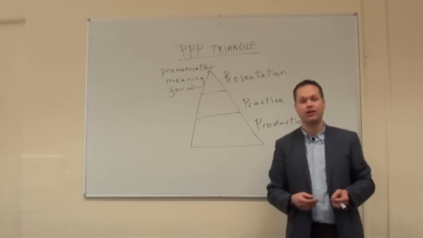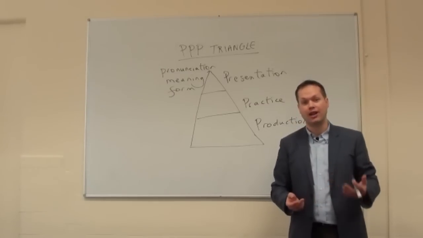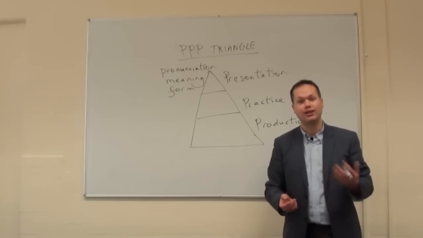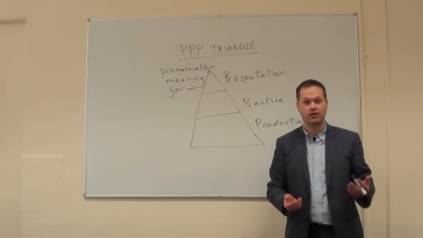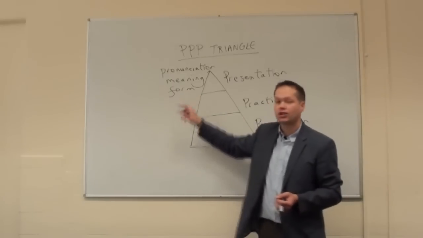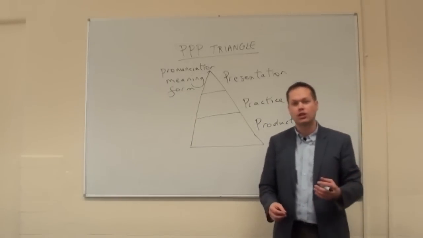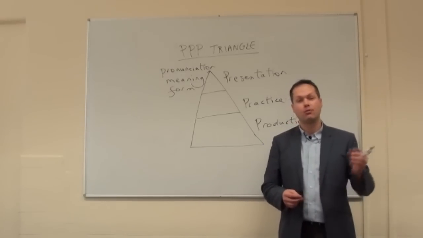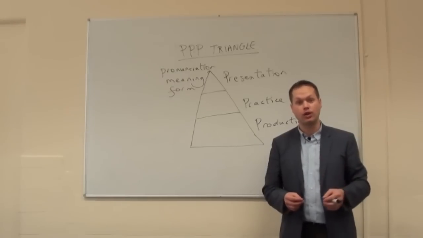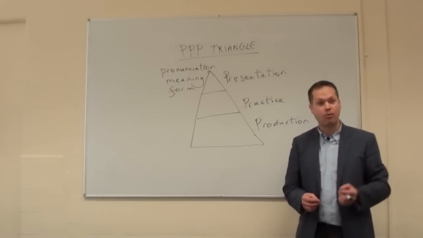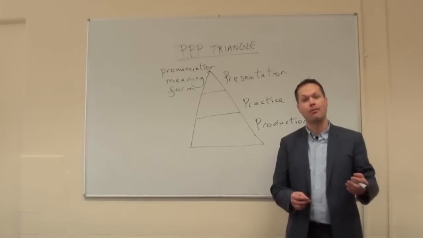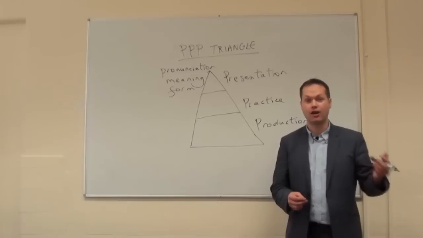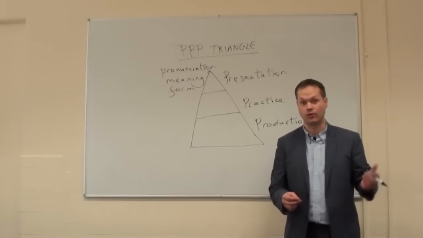If they don't understand the meaning, they're simply going to be like parrots, repeating the words without understanding what they're saying. The next stage is the form. This means how the language works. If it's a vocabulary item, it might mean the spelling of the language. If it's a grammar point, it might mean explaining the grammar rule, giving some examples of how the language works, the form of the language.